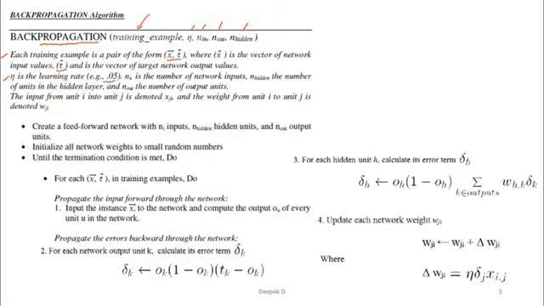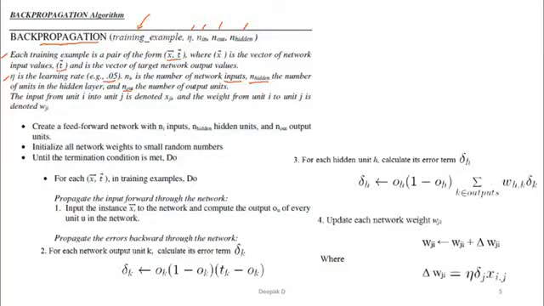Here n i is the number of network inputs, n in. N hidden is the number of units in the hidden layer, and n out is the number of output units.